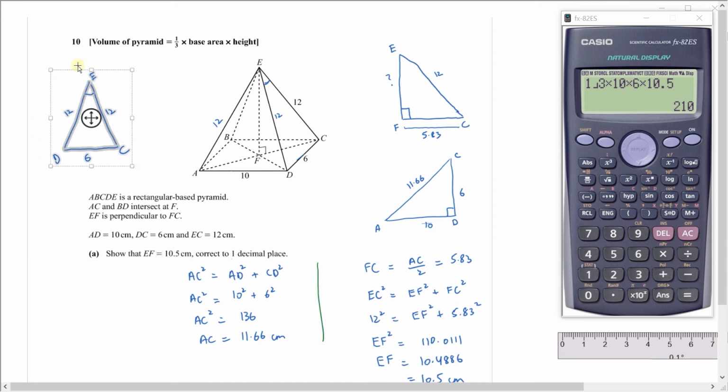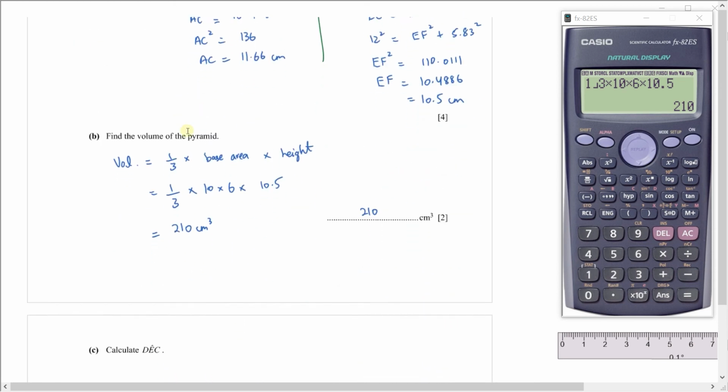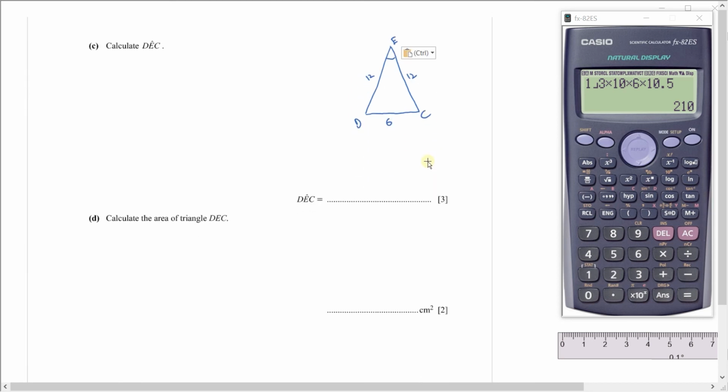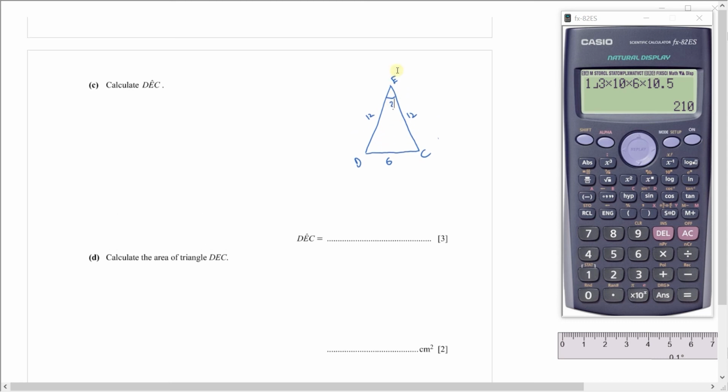And now we can use this to find our angle. So now I know 3 sides of this triangle. I want to calculate this angle here. So I can use the cosine rule here. So since this is the angle I need to find, the side opposite this angle is DC.